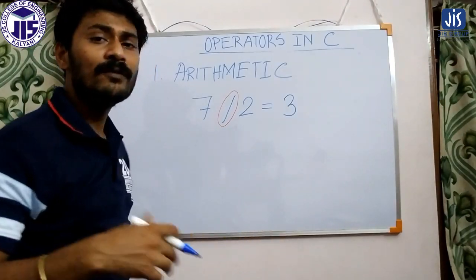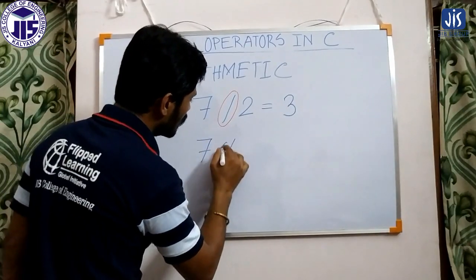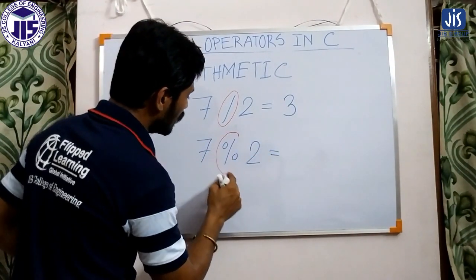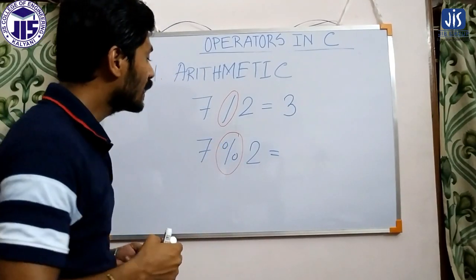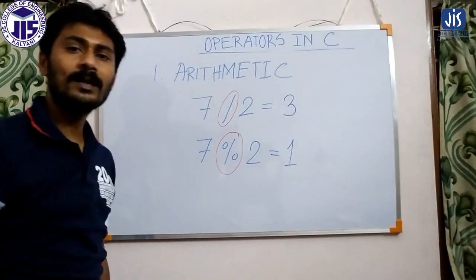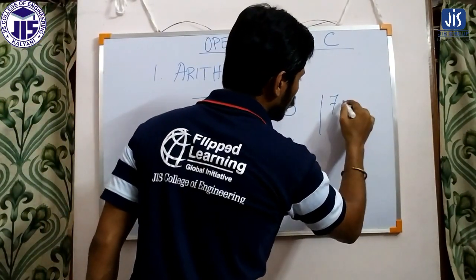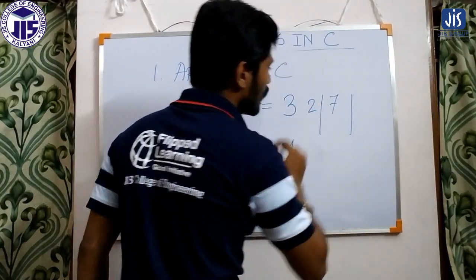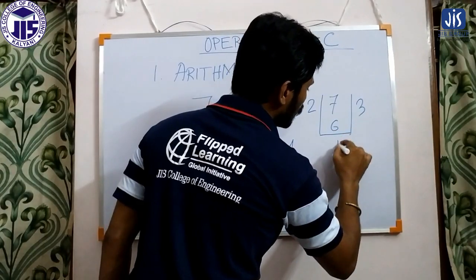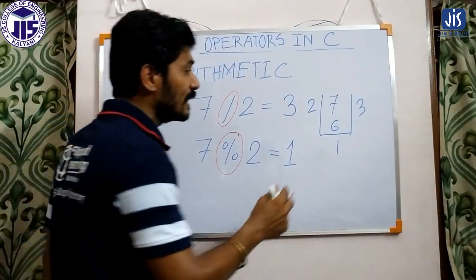And if I perform the modulus operation on the same numbers, that is 7 mod 2, here we are performing the modulus operation, and we will get the result 1. What does it mean? If I divide 7 by 2, the result will be 3 and the remainder will be 1, in the case of integers.